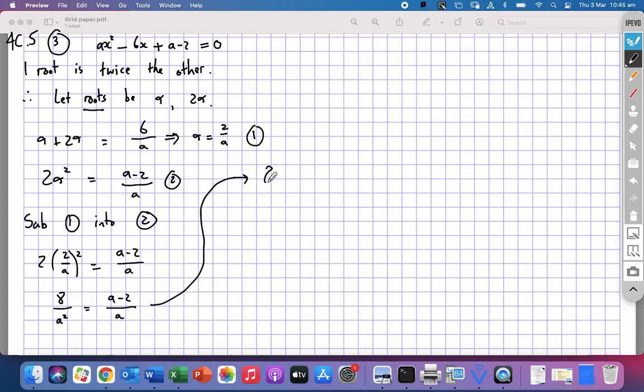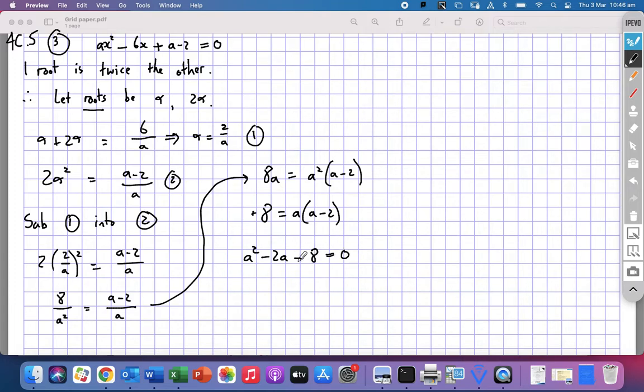So 8A equals A squared times A minus 2, but given that A is just a number, let's divide by A, and we'll just say 8 equals A minus 2. We'll expand this out. We're going to get A squared minus 2A over here, and then if we minus this positive 8, minus 8, it has to equal 0.